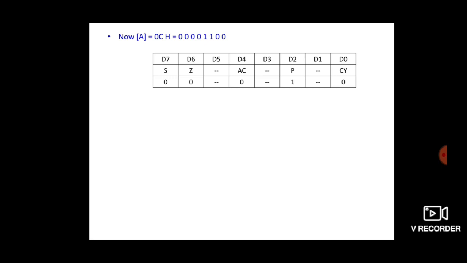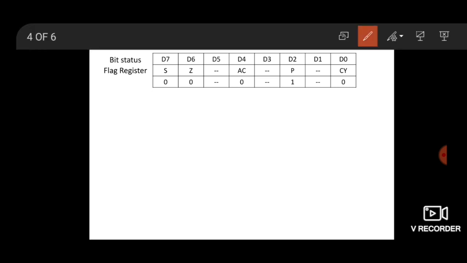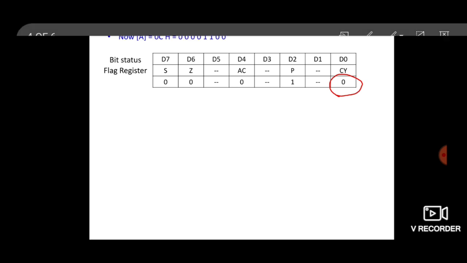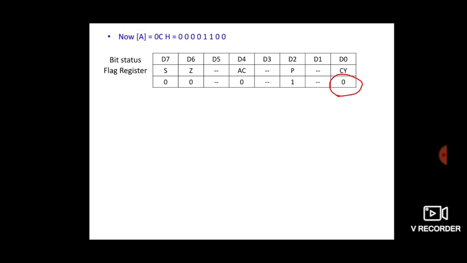So the carry flag is reset. So at the carry flag column, write 0. This is the flag register, this is the bit register. Okay, now see next, the parity flag.